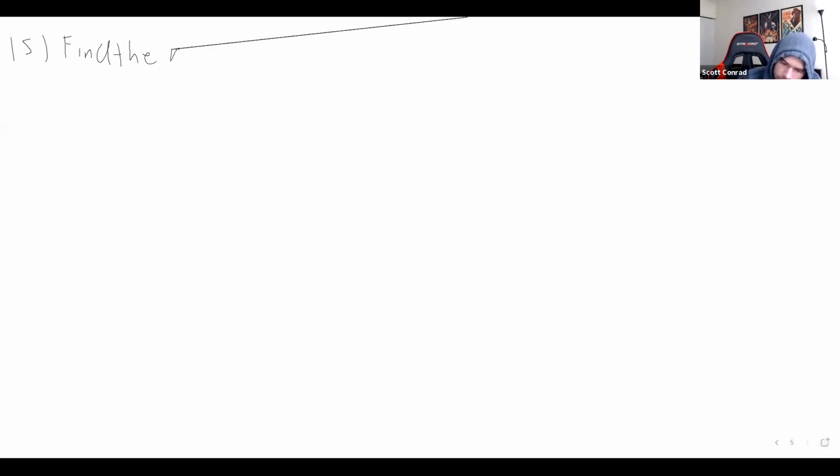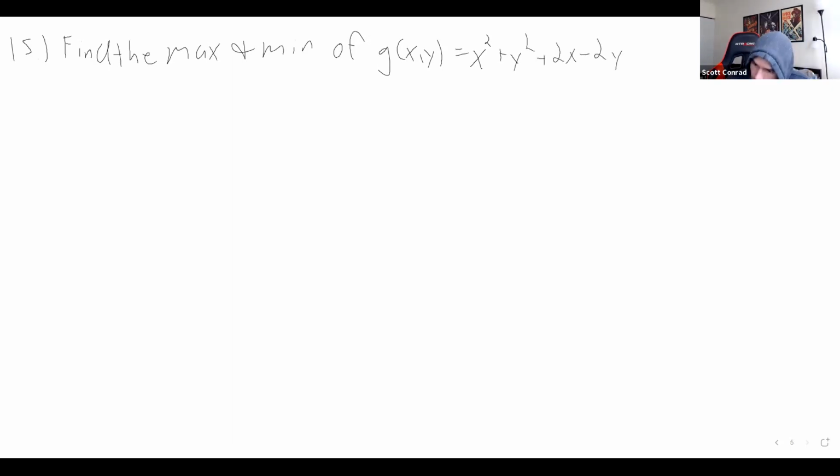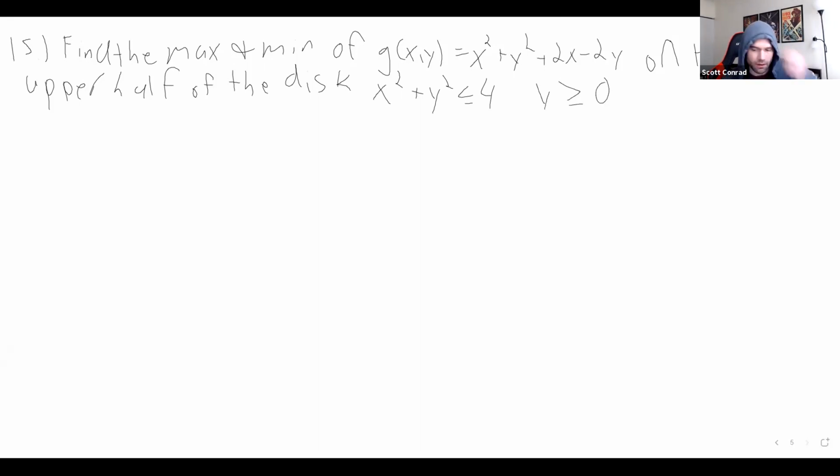So find the max and min of f, which is x squared plus y squared plus 2x minus 2y, on the upper half, so on the top half, of the disk x squared plus y squared less than or equal to 4. And it's the upper half, so y is going to be greater than or equal to 0.